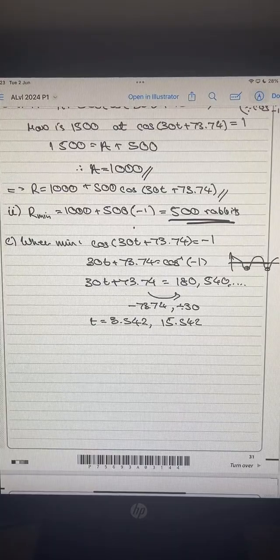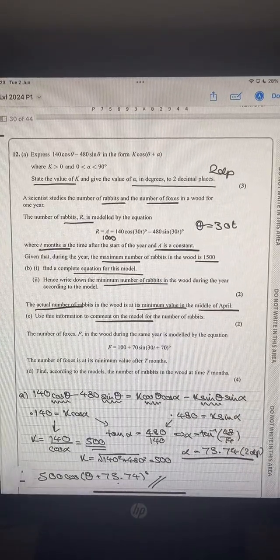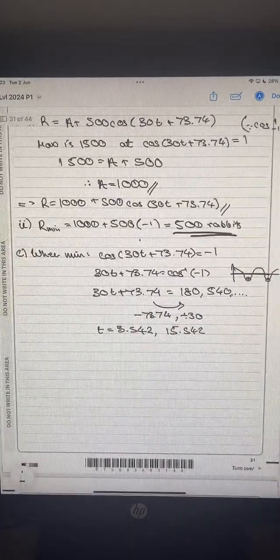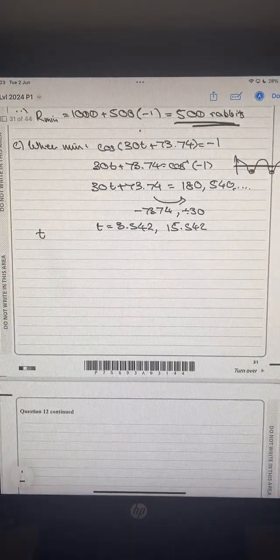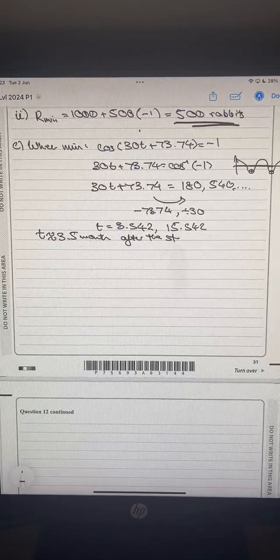Now, what units is my t in? I made it very clear that it was in months. So t is roughly equal to 3.5 months, and this is the important part, after the start of the year.